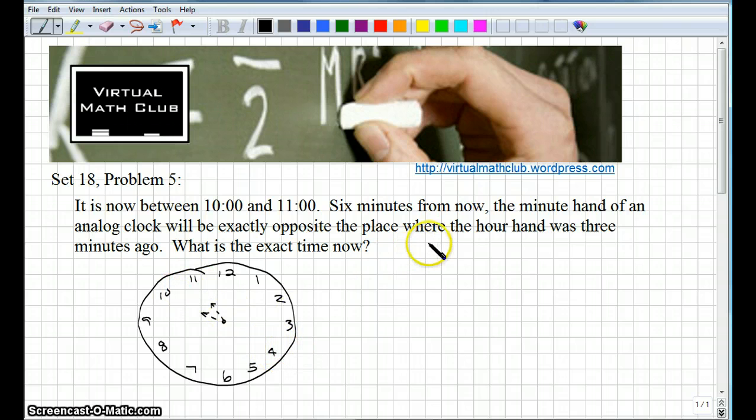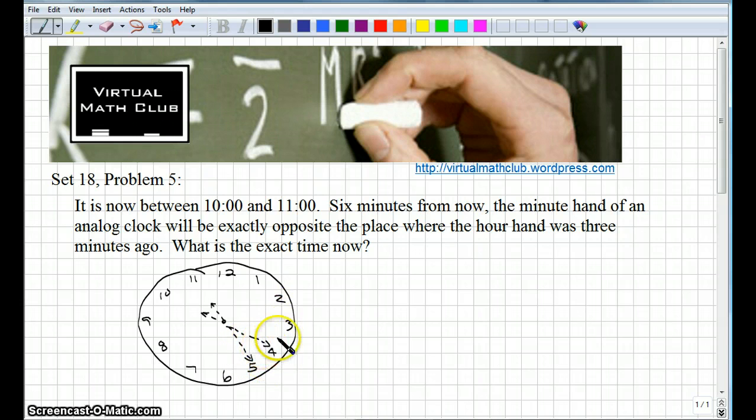And if the minute hand is exactly opposite of that, but you have to be careful, because 6 minutes from now, it would be exactly opposite the place where the hour hand was 3 minutes ago. So when it is opposite, even though that is 6 minutes from now, it's somewhere in here, right? So that helps us narrow the range down. Okay, I'm making the minute hand longer here.